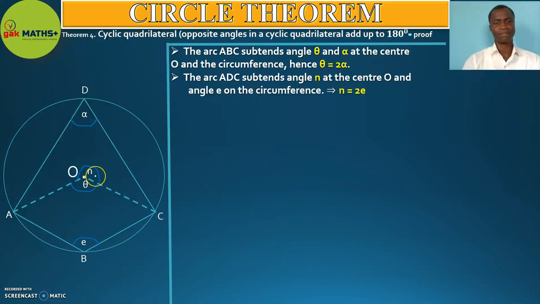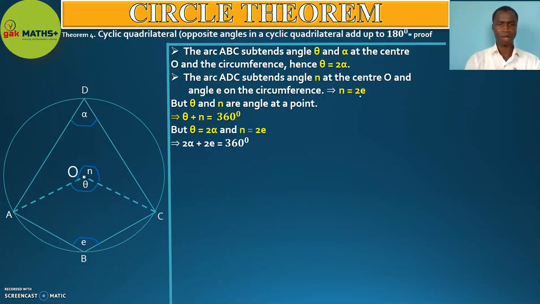But having a closer look at the diagram, the angles N and theta are angles formed at a point, and the sum of angles formed at a point is equal to 360 degrees. Substituting the value of theta as 2 alpha and the value of N as 2E, we have 2 alpha plus 2E is equal to 360 degrees.